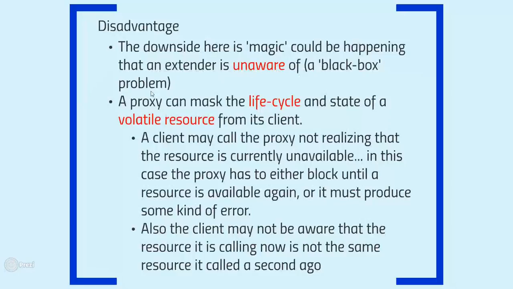And a proxy can mask the life cycle and the state of volatile resources from its client. A client may call the proxy not realizing that the resource is currently unavailable, in which case the proxy has to either block until the resource is available again, or it must produce some kind of error. And also, the client may not be aware that the resource it is calling now is not the same resource it called a second ago.